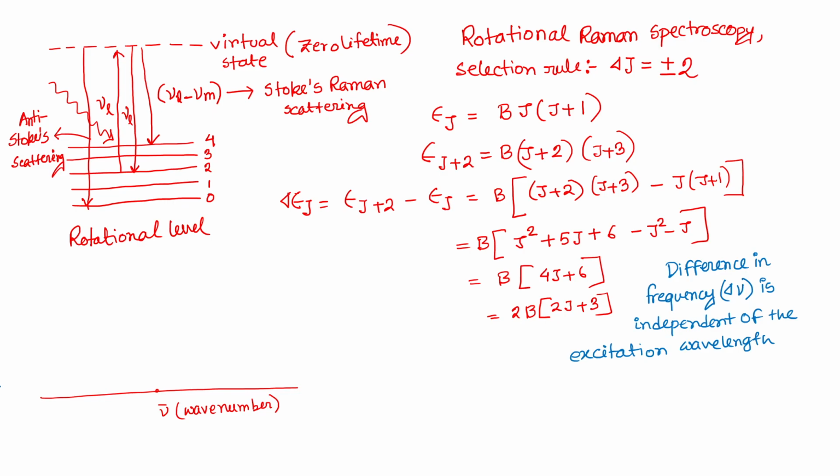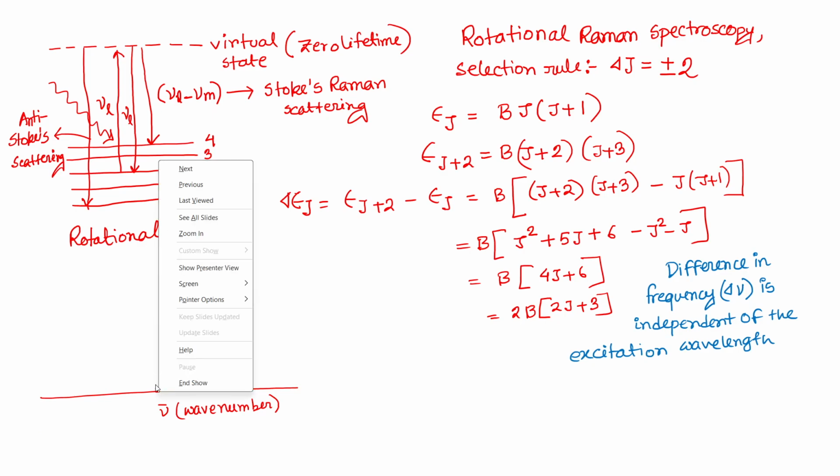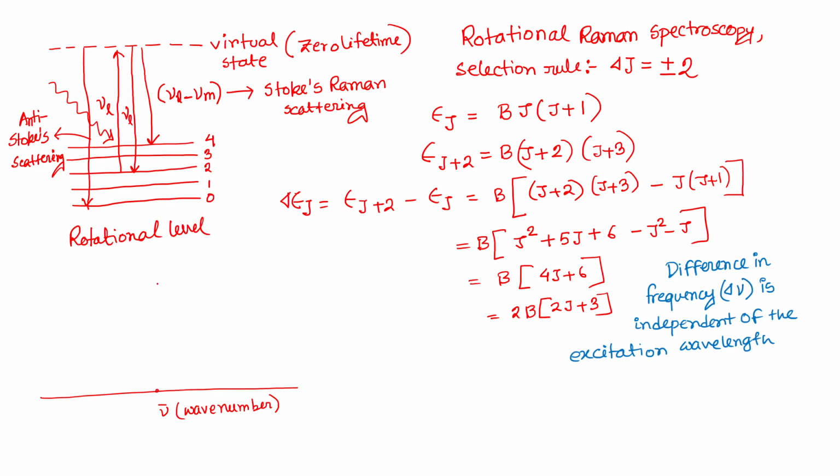Firstly, one more thing that I was discussing is that when there is no difference in the wave number or energy, you are going to get very intense scattering. That is actually your Rayleigh scattering.